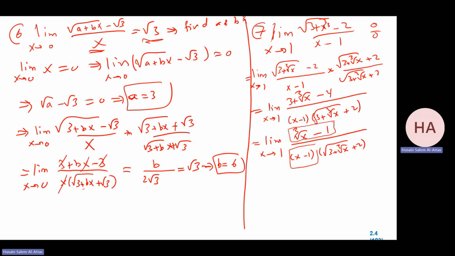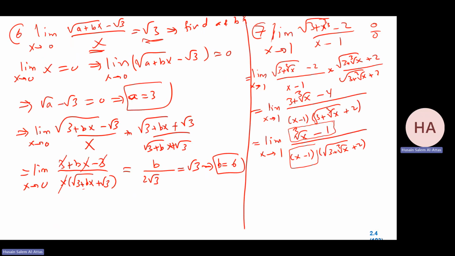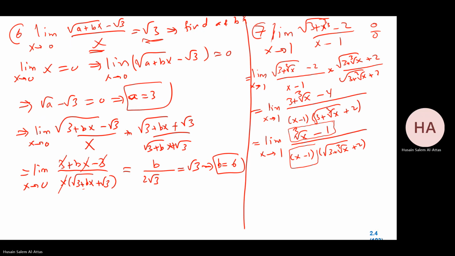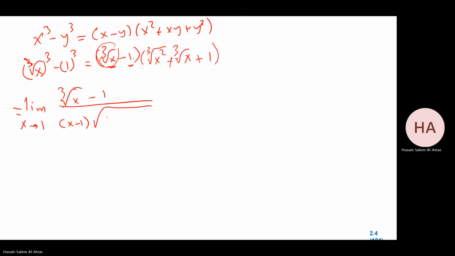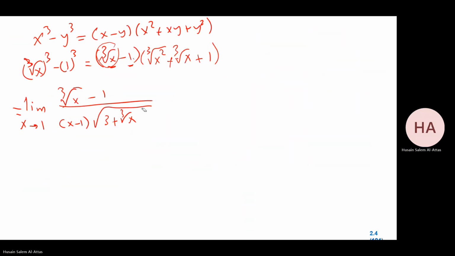If you go back, let me take this limit here. Limit goes to 1. What was the numerator? Cube root of x minus 1 over x minus 1 times 3 plus cube root of x plus 2.